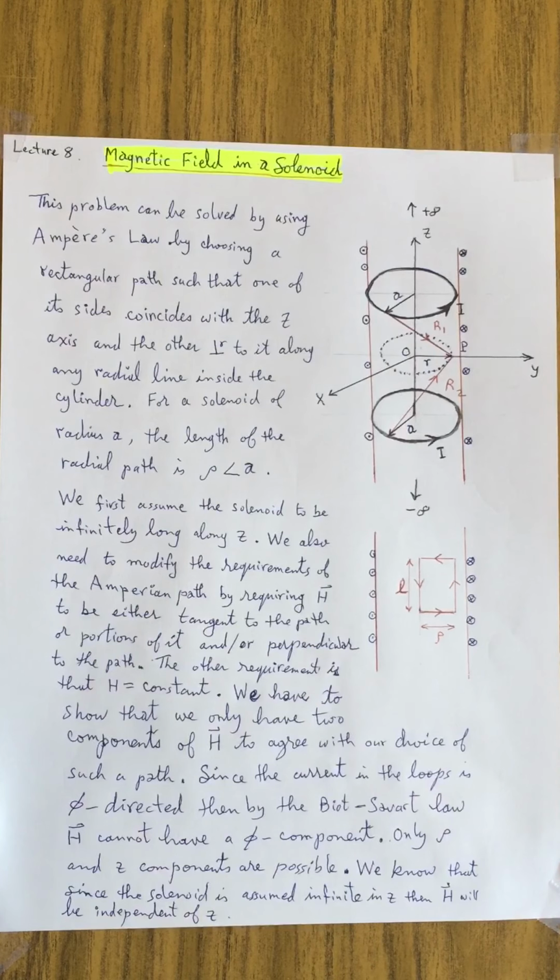The field at this point is due to superposition of the above half of the solenoid and the bottom half. So we only need to consider the contribution from two current loops, one at z prime, the other at minus z prime.